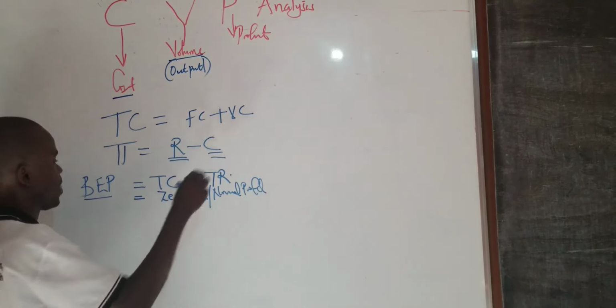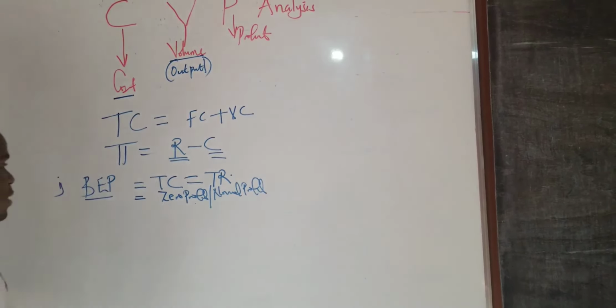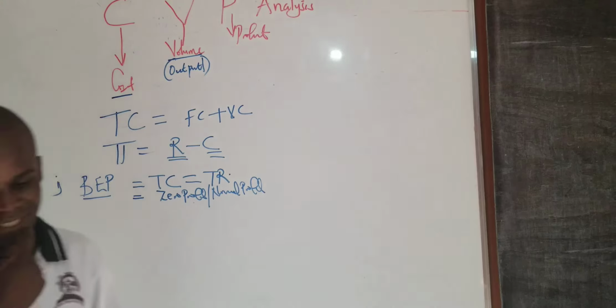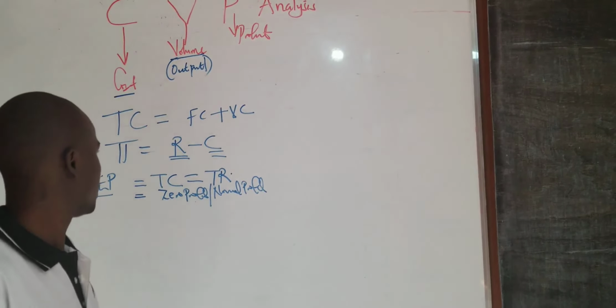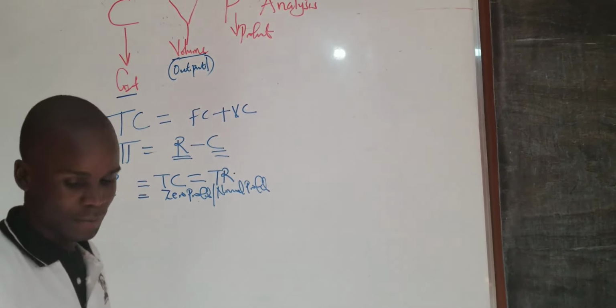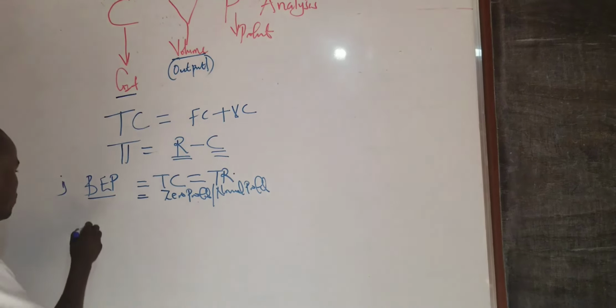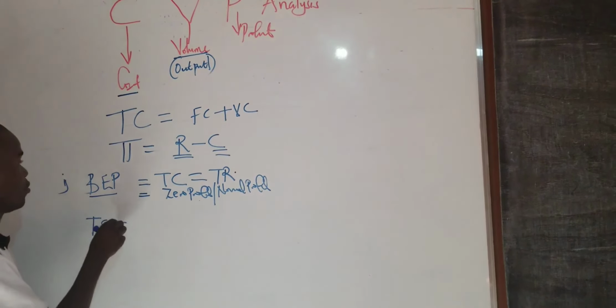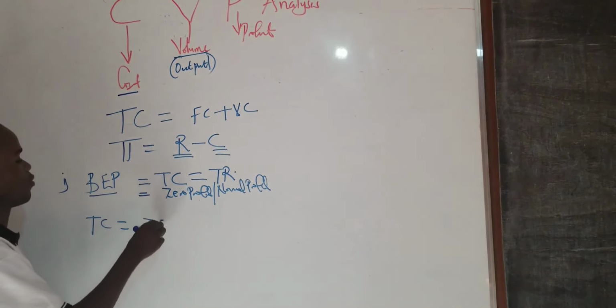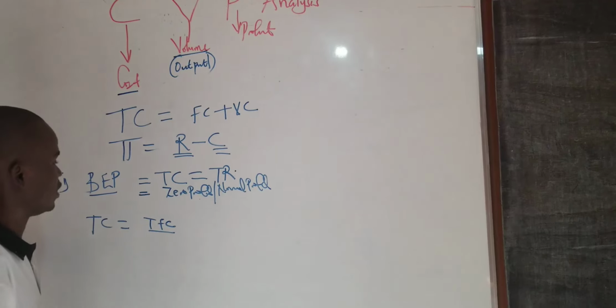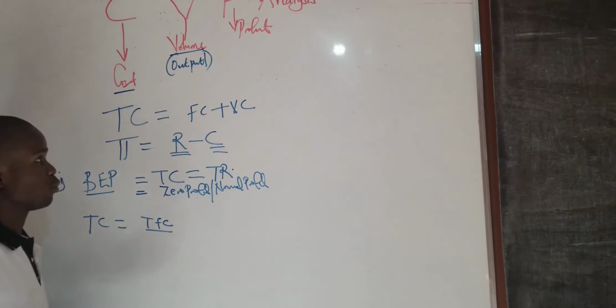So how do you determine the BEP, the break-even point, when the total cost is equal to revenue? Under CVP, this formula has an expression. We know that total costs equals total fixed costs. What are fixed costs? These are costs that do not change with the change in the level of output produced.